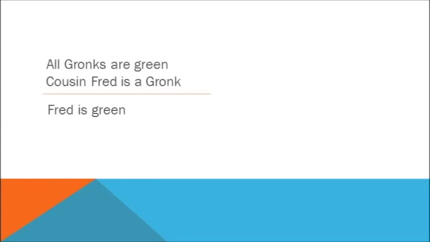Consider again our first deductive argument. All Gronks are green, cousin Fred is a Gronk, therefore Fred is green. Recall our premises are those things we take to be true, and from which we draw the conclusion.